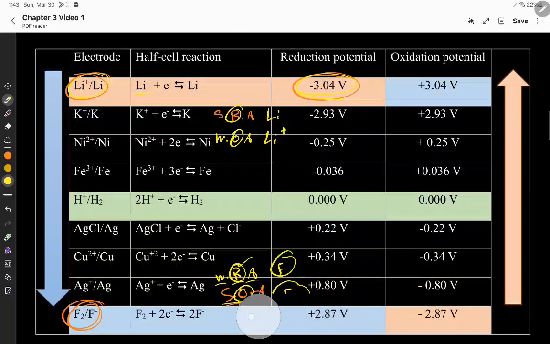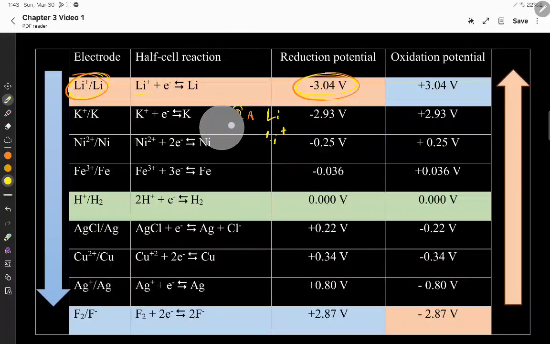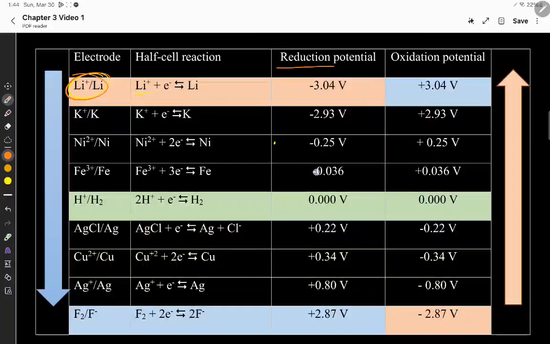Now let's see here another idea which is very important. The reduction potential of lithium is negative, and the reduction potential of the strongest oxidizing agent is positive. The oxidation potential is the same like the reduction potential, but with opposite value.